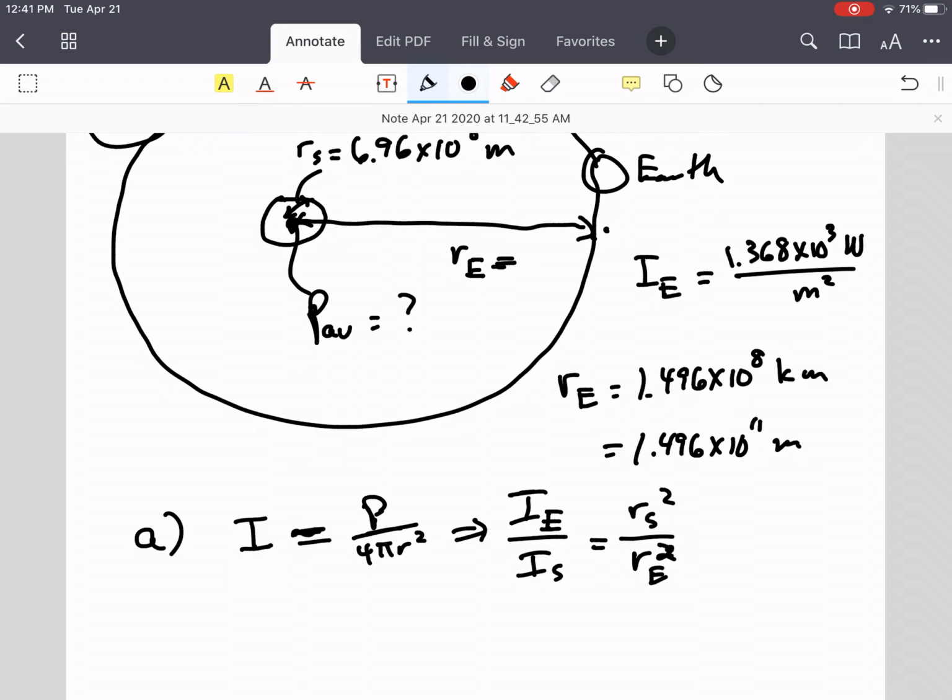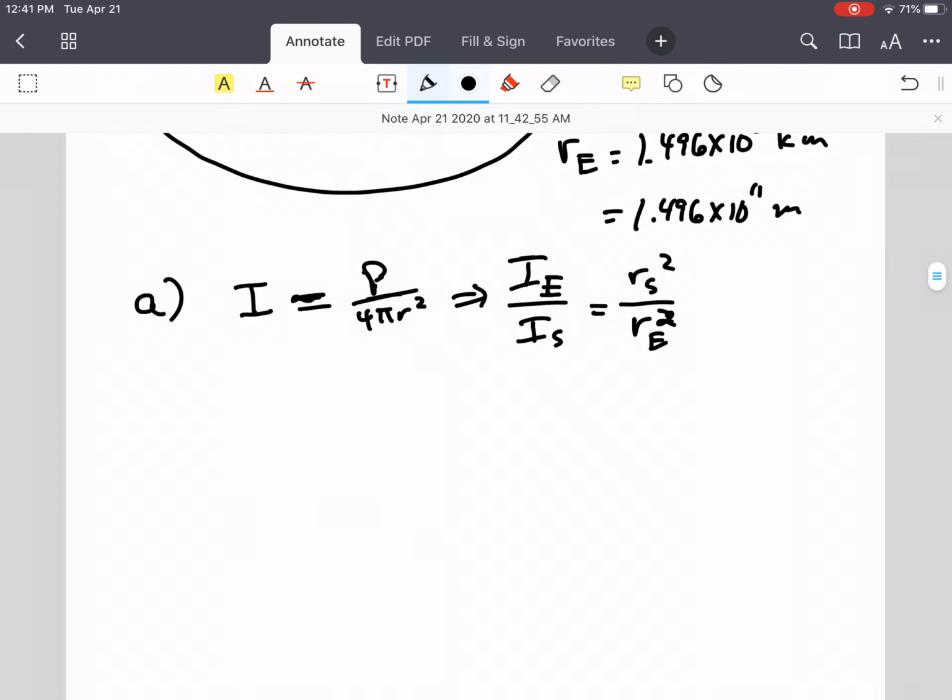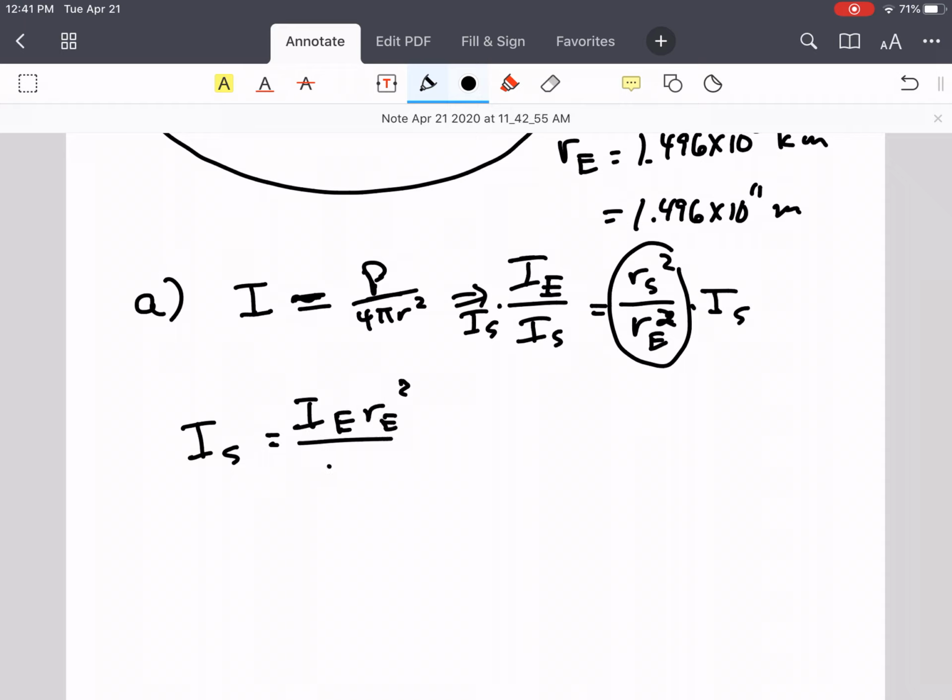We have everything in this except for IS. Let's solve for it. I'll multiply both sides by IS, divide both sides by this expression right here, and I get that IS is equal to I Earth, R Earth squared divided by R sun squared.